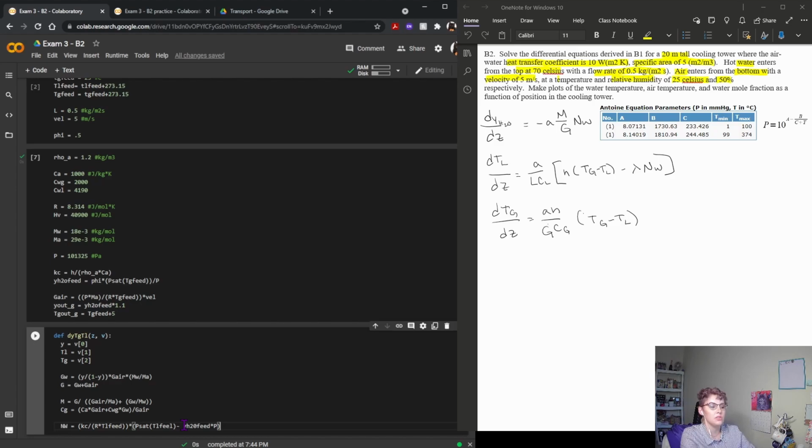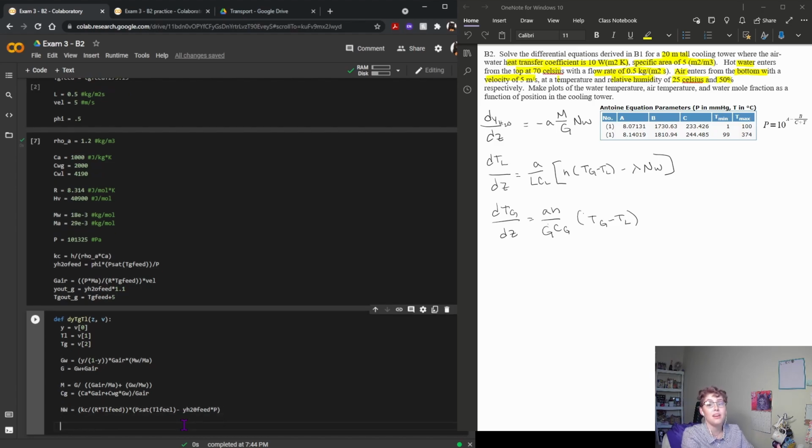Yes, all the parentheses are closed. So now that we have those, we can actually begin writing our differential equations. As I mentioned before, I have them written up there for ease of access.